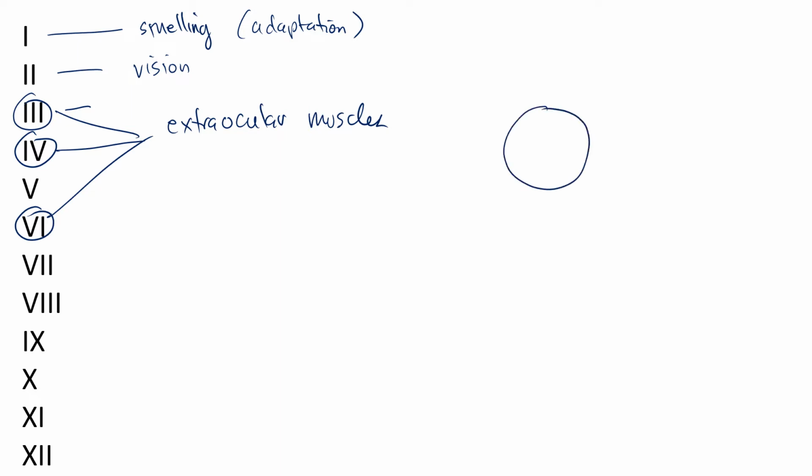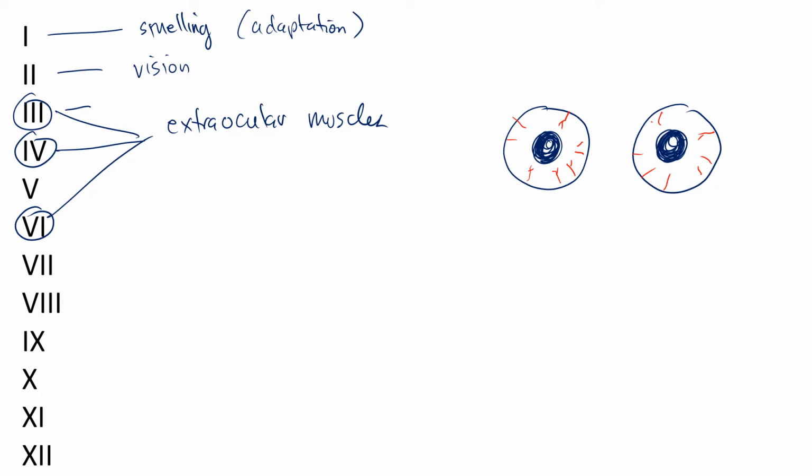Now, you will find a lot of drawings or illustrations about your extraocular eye movements. They're called extraocular because they are the muscles that are outside the eyeball and they make your eyeballs move.